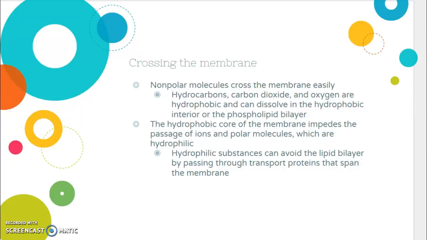That hydrophobic core basically halts the passage of ions and polar molecules, which are hydrophilic. Those hydrophilic substances avoid the lipid bilayer by passing through transport proteins. And if you didn't remember, ions and polar molecules are molecules that possess a charge.